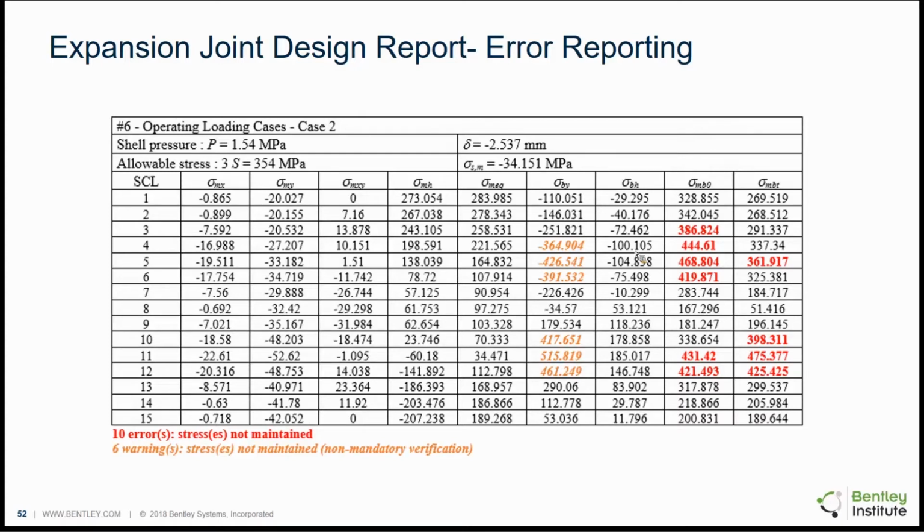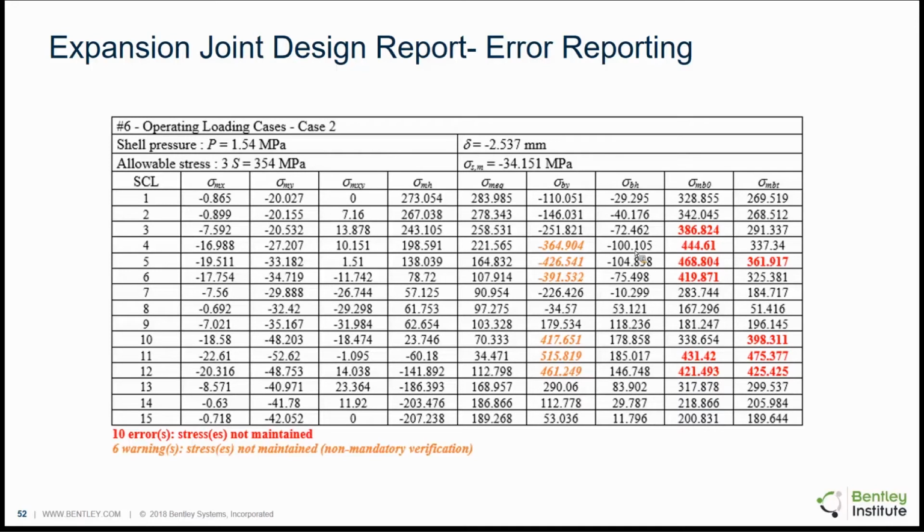But these values are not checked with allowable stress. You see the sigma by, the bending stress, comes in orange color, which means that it's just a warning, because at the bottom you see a footnote. It says stress is not maintained, but it's also non-mandatory, because as per code you don't have to check only the bending, you check the equivalent membrane and membrane plus bending.